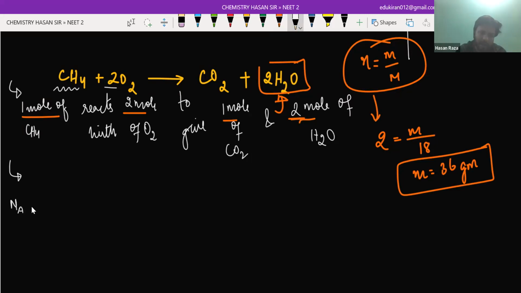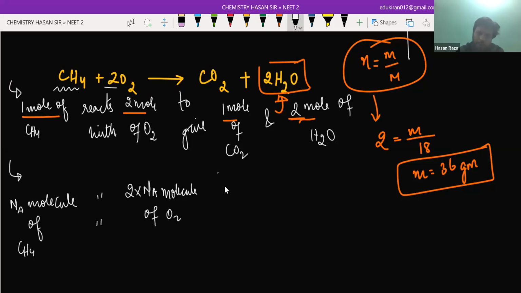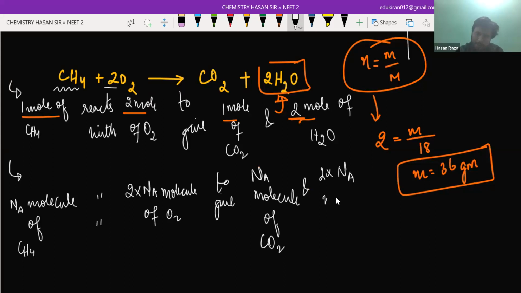So we can write Na number of particles or Na molecules, because 1 mole equals Na molecules of CH4 reacts with 2 mole, 1 mole is equal to 1 Na, so 2 mole is equal to 2 into Na molecules of O2 to give how many, 1 mole again. So Na molecules of CO2 and 2 into Na molecules of H2O. Are you getting my point?